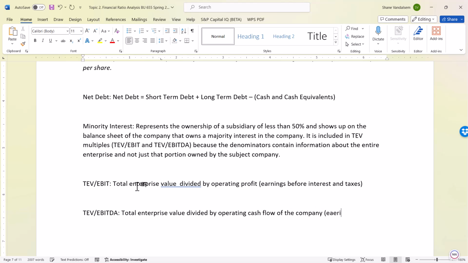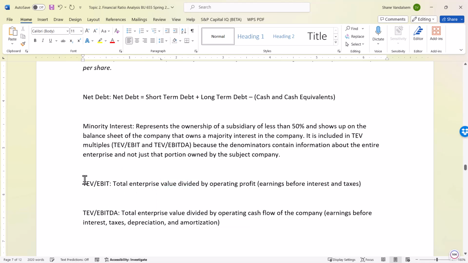Or earnings before interest, taxes, depreciation, and amortization. And again, the reasons why we would look at these numbers are twofold.